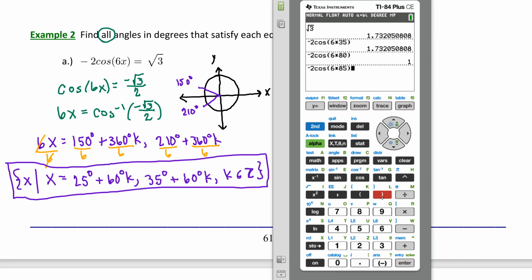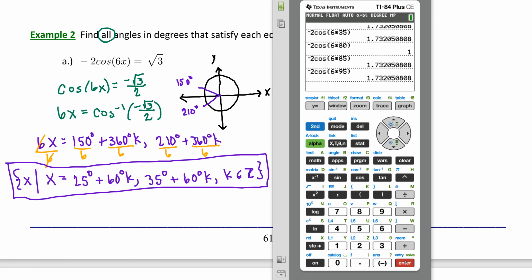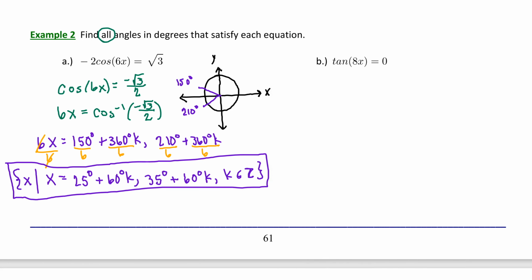Good thing I'm checking this with my calculator. There we go. And let's try another solution from our second expression there, 35 degrees plus 60 degrees times 1. So we have -2 cosine of 6 times, and 35 degrees plus 60 degrees is 95 degrees, and that also yields the correct answer. So again, it's always a good idea to double check at least the first few solutions of your infinite set to make sure you're on the right track.